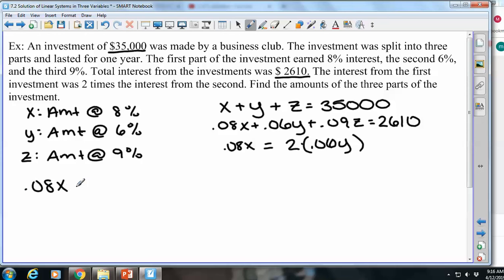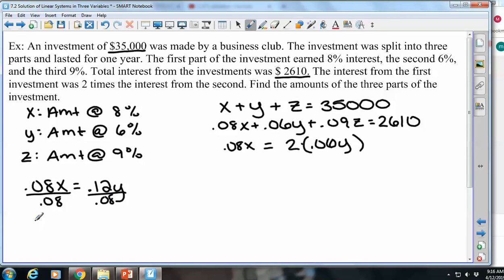X. Okay, so I know 0.08x equals 2 times 0.06y, which would be 0.12y. So you said solve for x.